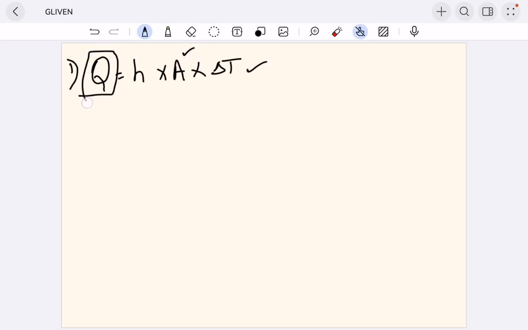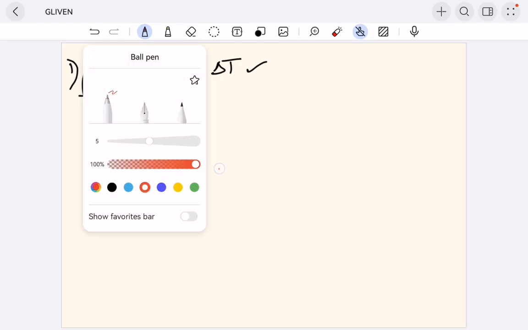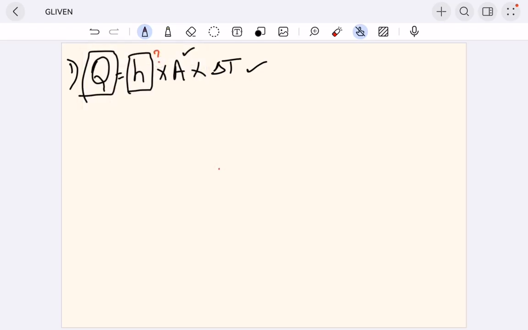My aim is to calculate Q, but what I don't know is H. H is unknown, so I have to calculate H. Now in order to calculate H, I need the Grashof number, the Rayleigh number, and the Prandtl number.